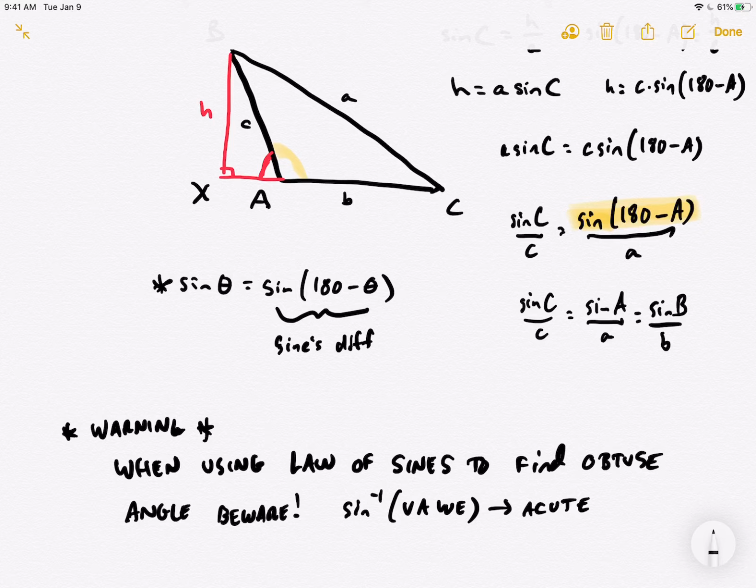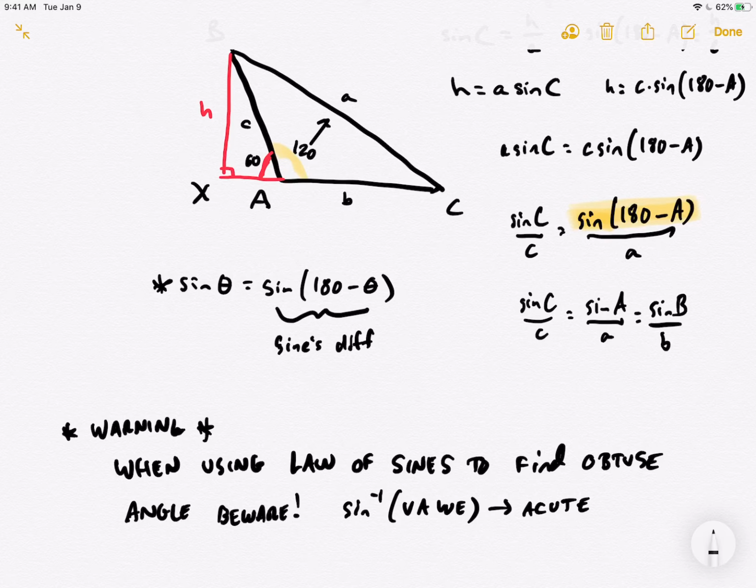And you say, okay, the angle I found was like the 60-degree angle over here. I need 120 degrees. I need its supplement. And one way that you can always check yourself to avoid errors is you should make sure that the largest angle is always across from the largest side, just like that.